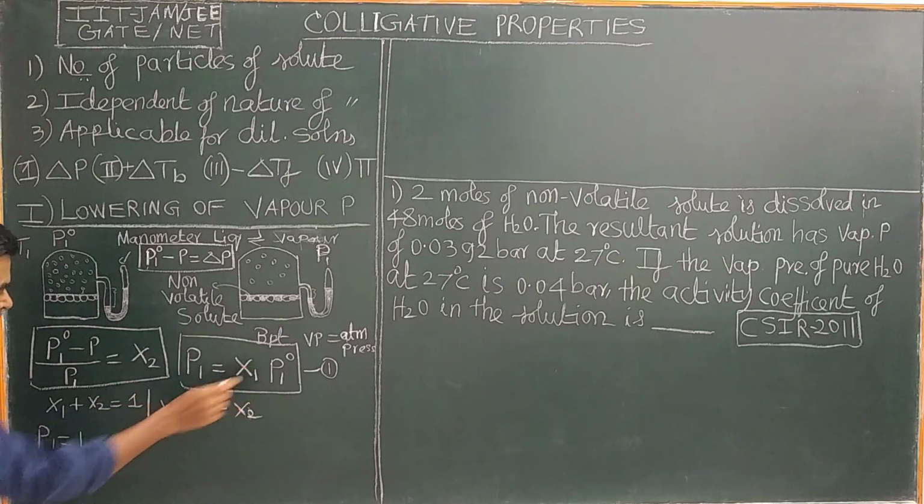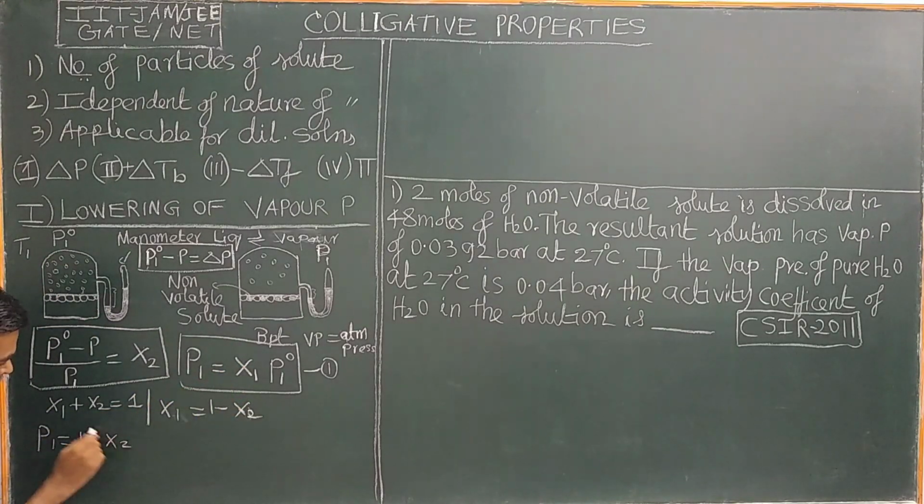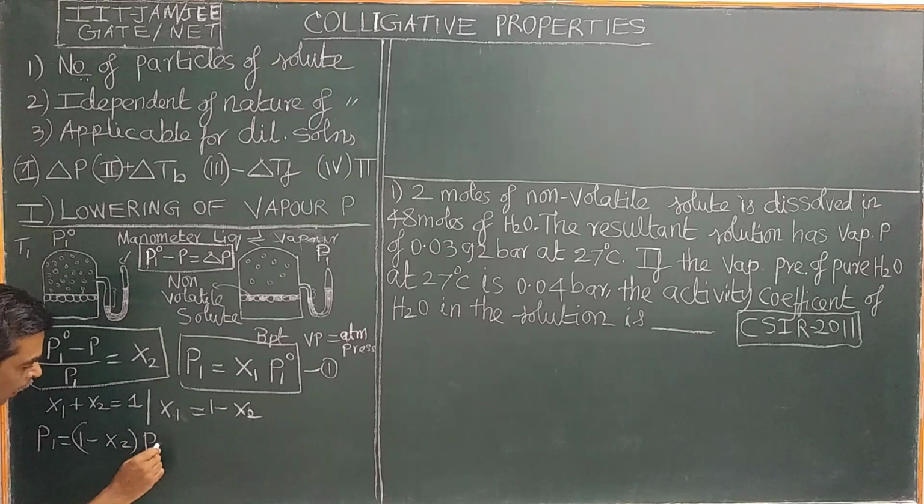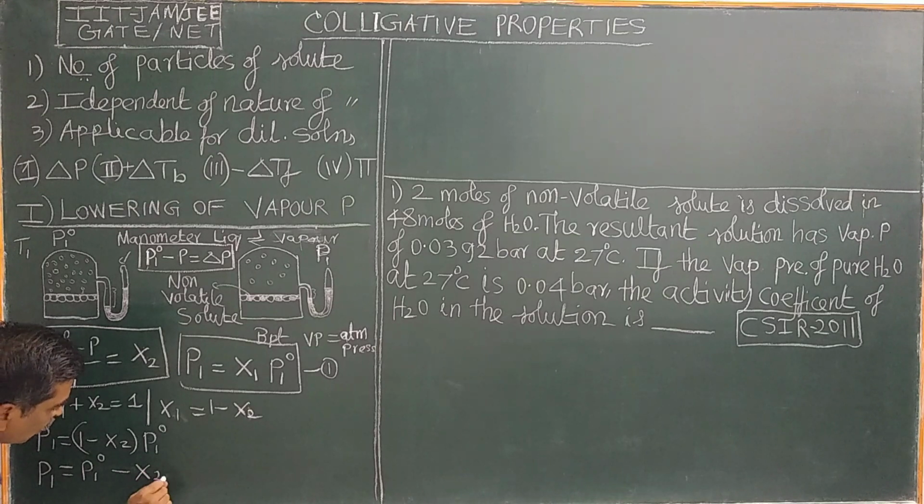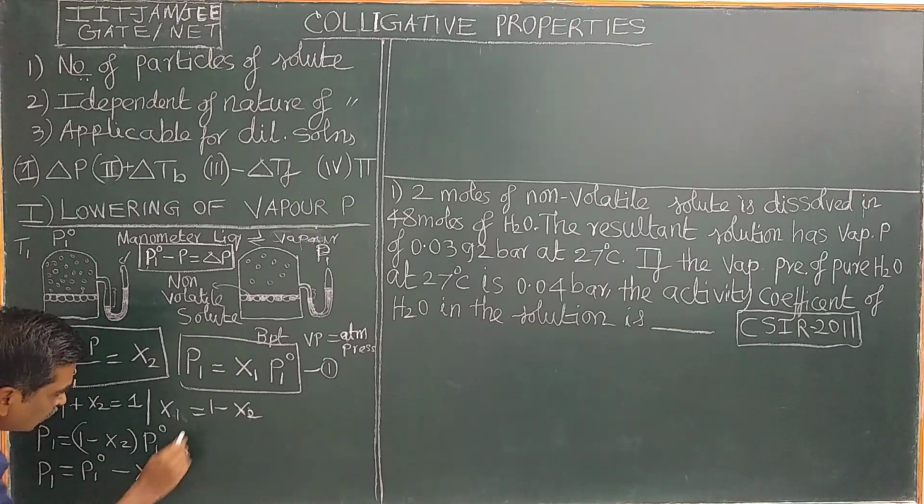Therefore, you substitute in this expression 1 minus x2 times p1 naught. Then you multiply: p1 equals p1 naught minus x2 p1 naught.